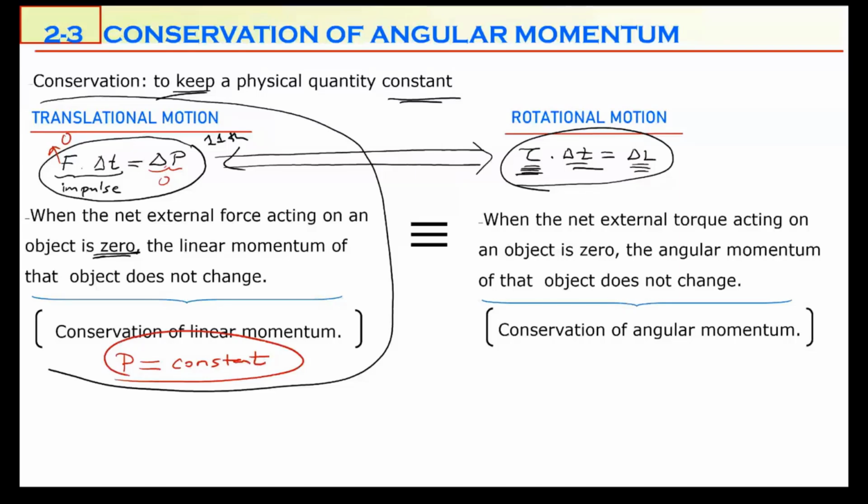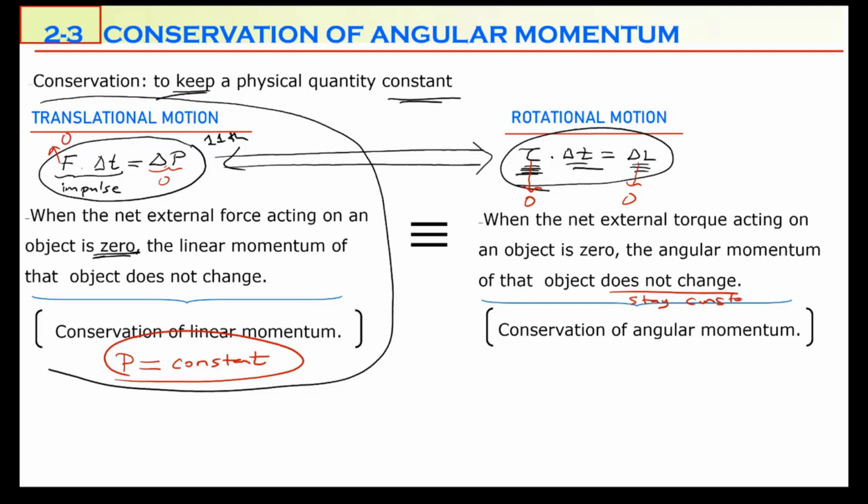The same sentence can be written in a similar form in rotational motion. If the net external torque acting on an object is zero, then there will be no change in angular momentum, which means angular momentum will stay constant. Does not change means stay constant.